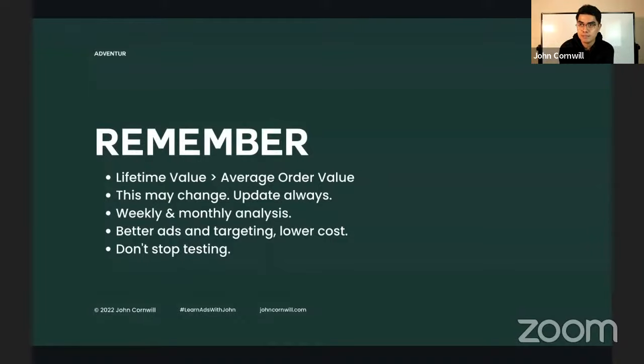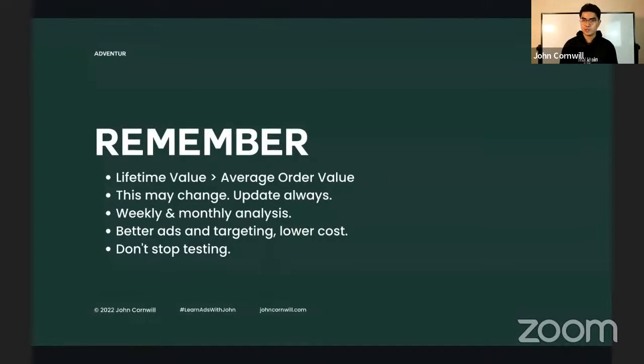Hindi yung, di ba yung ginawa natin is nag-weekly tayo. So, hindi siya daily analysis. Bakit? Kasi, it's very fluctuating kung gawin natin siyang daily. Super fluctuating siya. But if you do it weekly, monthly, it's much better. Tapos longer term, mas magandang data. Okay? And mas better na reference. Okay? For your decisions.